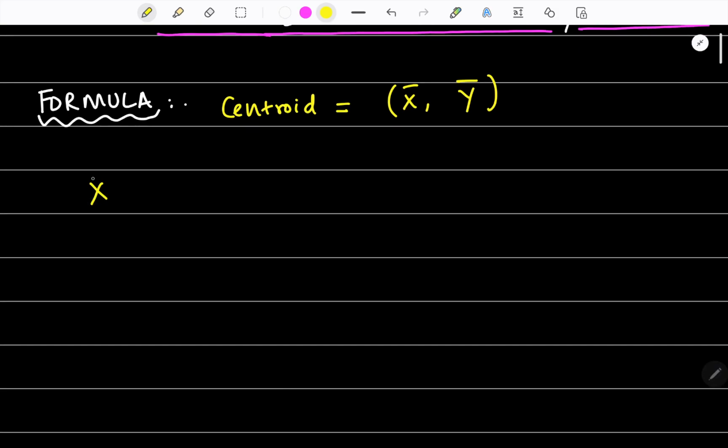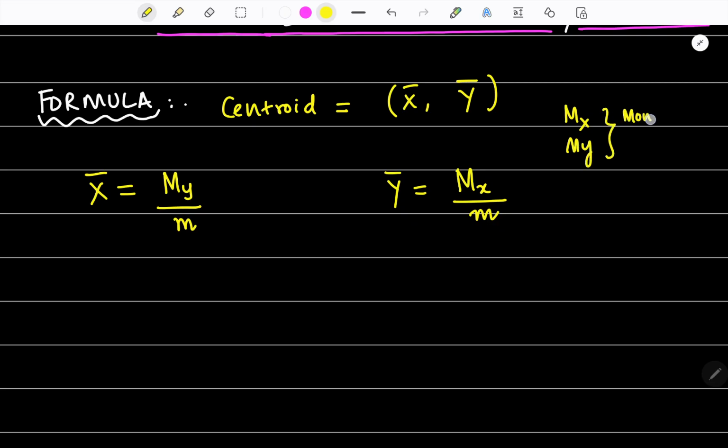What's the formula for x bar? This is given by My divided by small m. And what's the formula for y bar? It is Mx divided by small m. What is Mx and what is My? These are all moments, which you studied in physics: moments about the y-axis and x-axis.